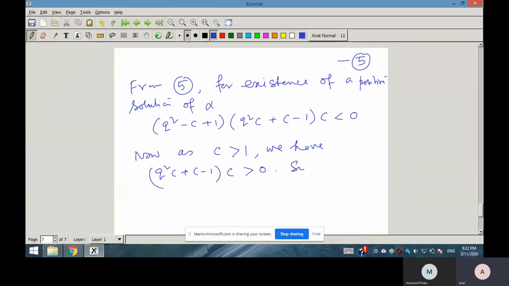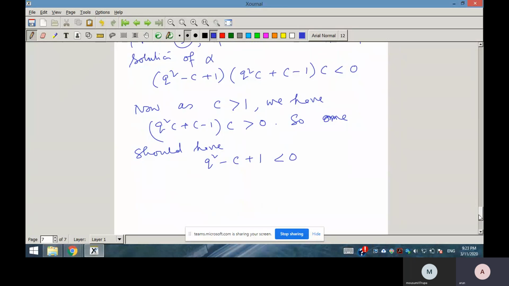So one should have q square minus c plus 1 less than 0. This implies your q square should be less than c minus 1.